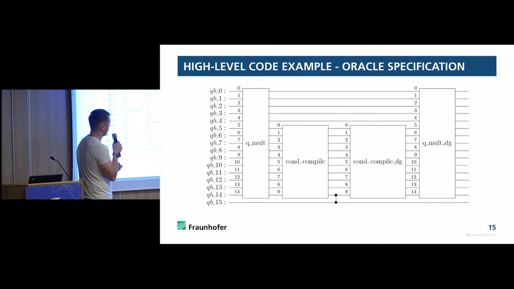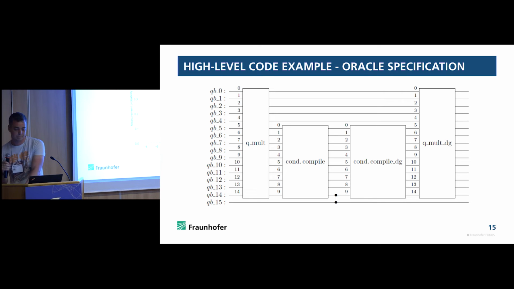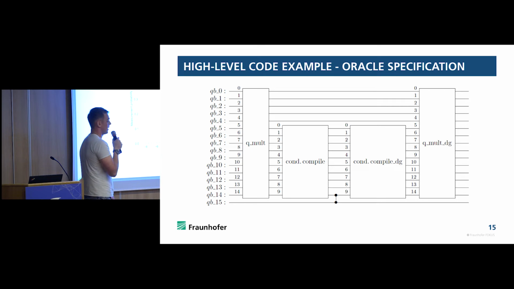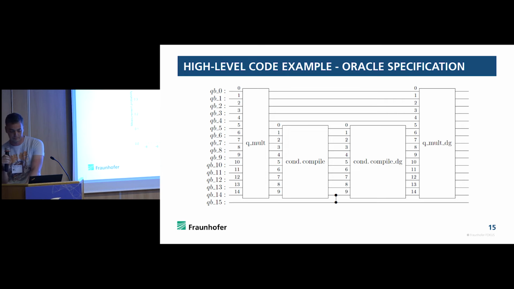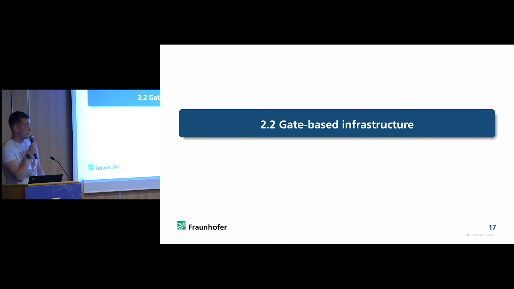And obviously, after the condition truth value is uncomputed, the qmult dagger function can again reuse the uncomputed qubit. This is a plot of a simulation, and it's what we expect. The values of minus 0.5 and 0.5 are the results of our algorithm. Okay, so I'm going to say a few words about the gate-based infrastructure.